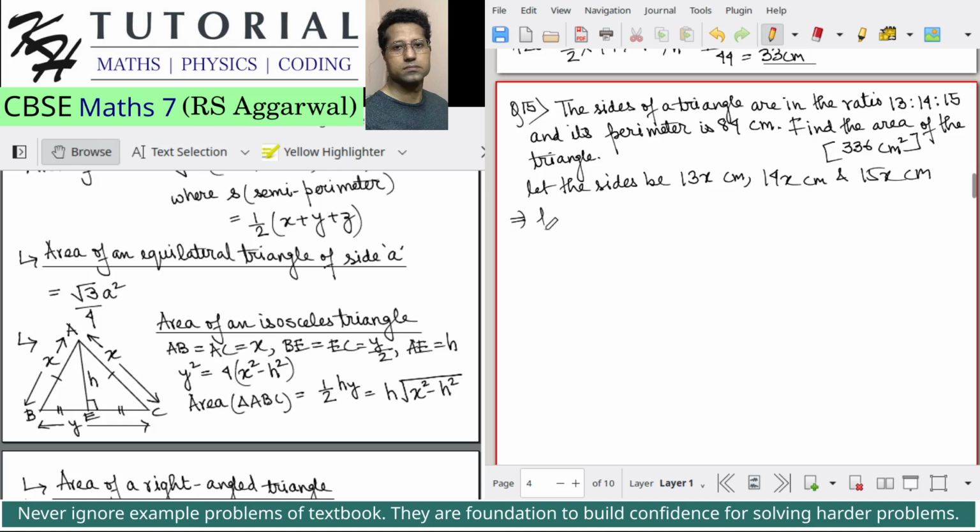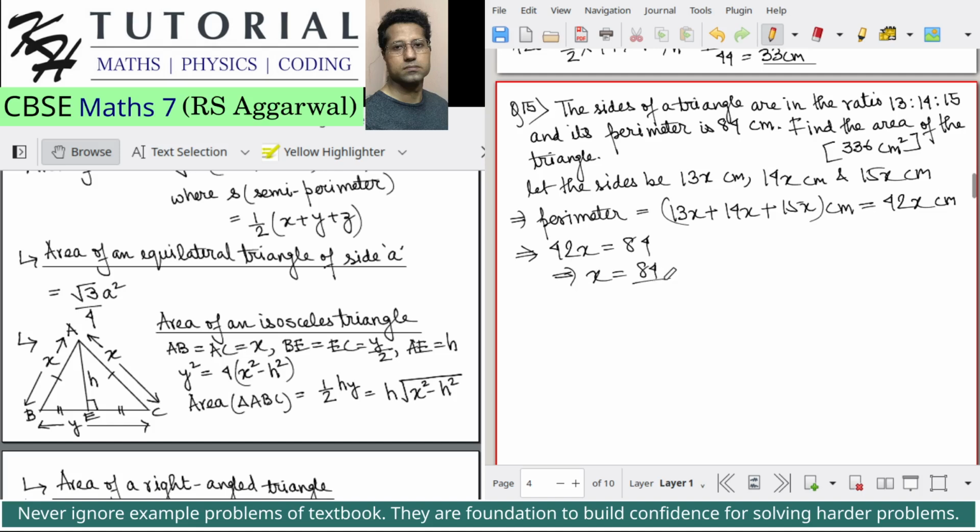So perimeter is equal to 13x plus 14x plus 15x, this much centimeter, which is equal to 42x centimeter. The perimeter is given to be 84 centimeter, so 42x is equal to 84. So x is equal to 84 divided by 42, which is equal to 2.